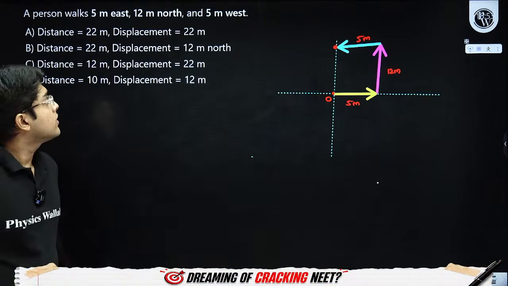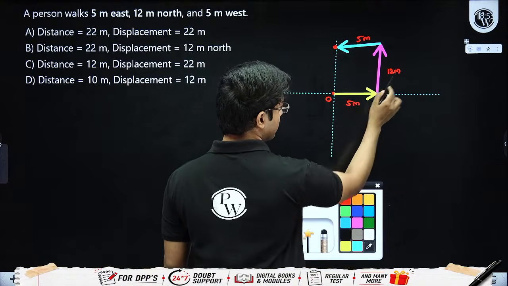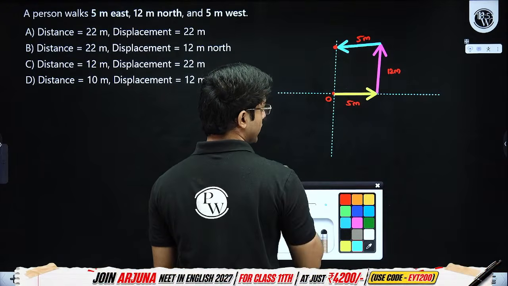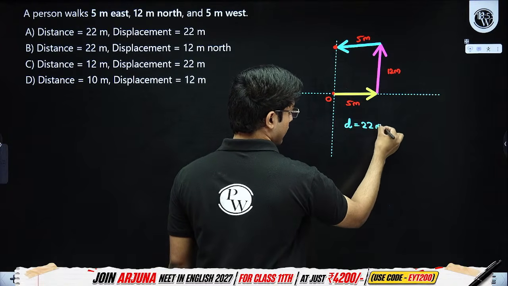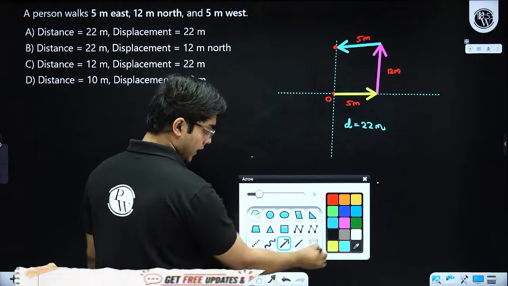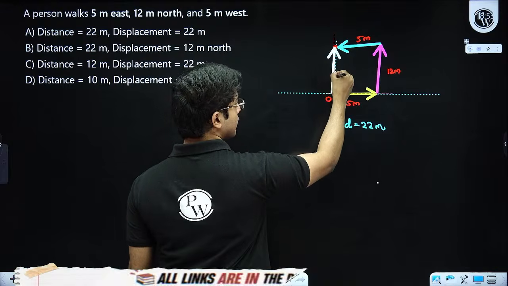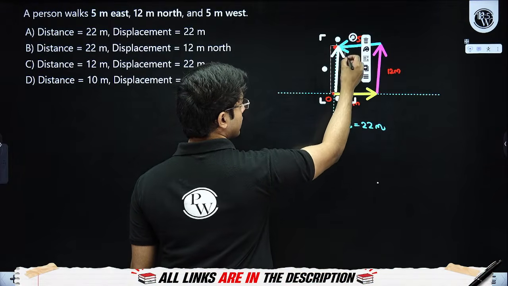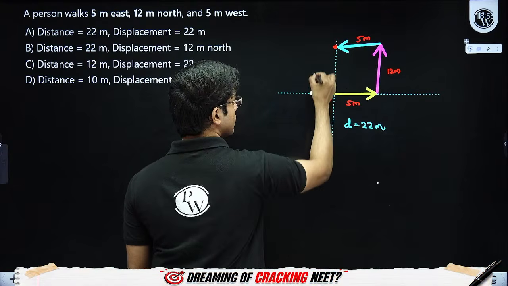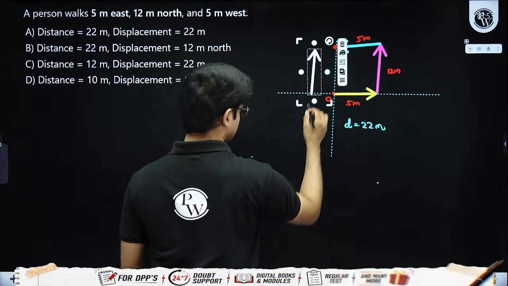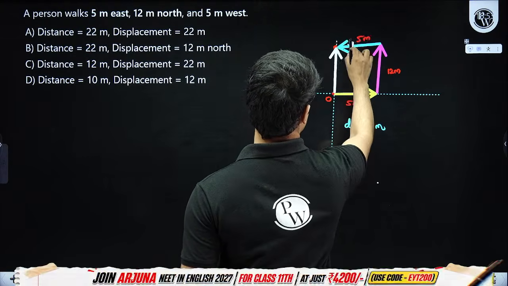Good. So for distance, what will be the answer? For distance, you just add up these lengths. 5 plus 12 plus 5, which is 22, right? So distance is 22 meters. Now for displacement, you have to draw an arrow from the starting point to where the particle is at the end. So it will be this arrow, right?